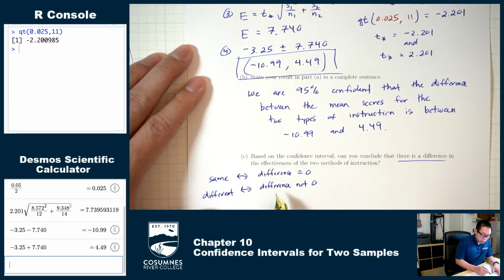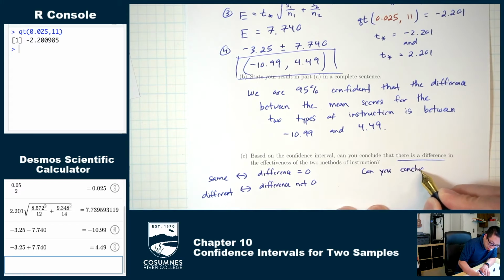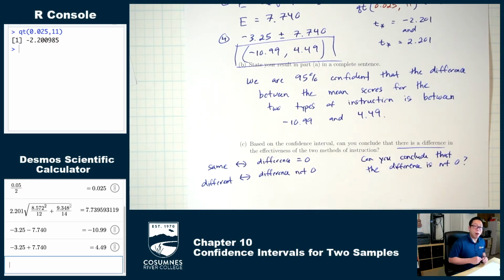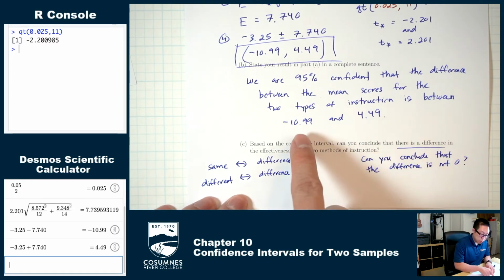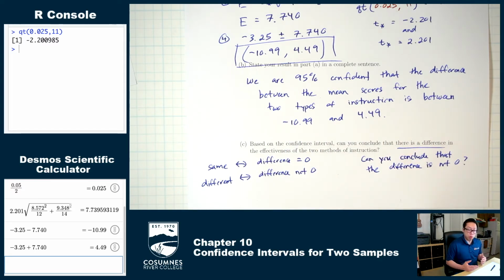Can you conclude that the difference is not zero? So can we conclude that the difference is not zero? And all you know is that the difference is somewhere between negative 10.99 and 4.49. So can you say for sure that the difference is not zero?